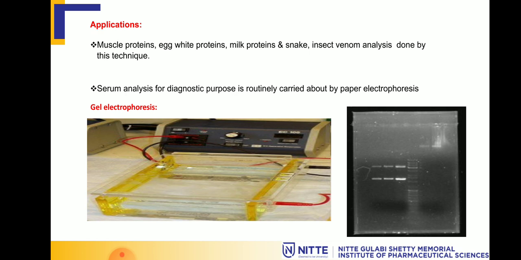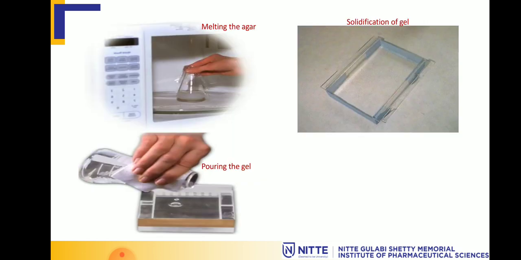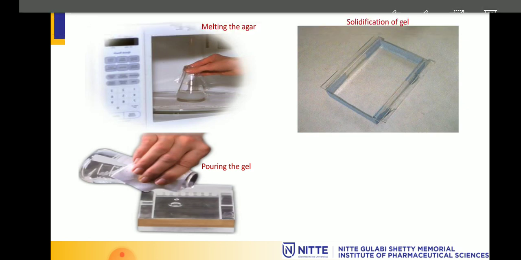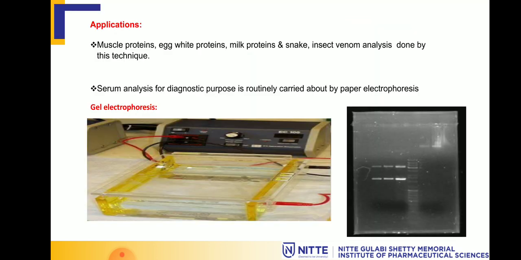In this, what we generally do is dissolve agar and pour it into the medium where it can solidify, and you get a gel-like supporting medium, right? It is generally made up of agar. After this, we pour it into the system and then apply the sample there, and the sample is generally DNA and RNA.